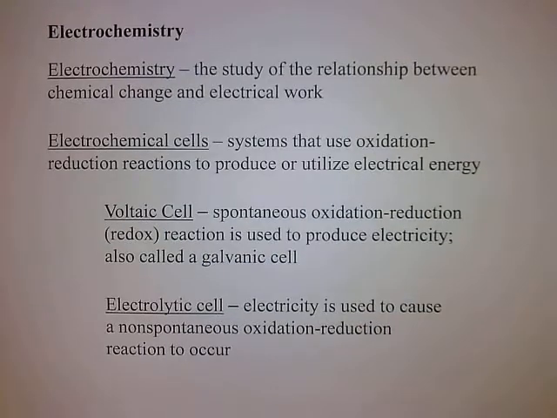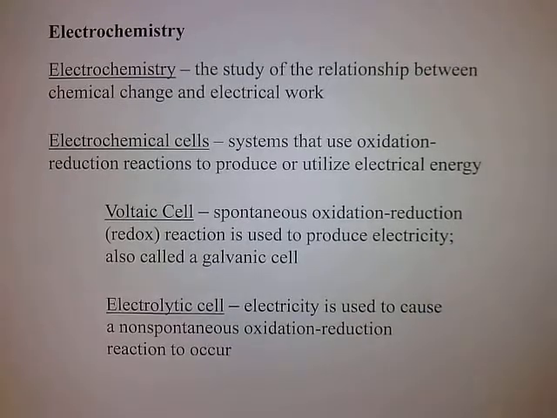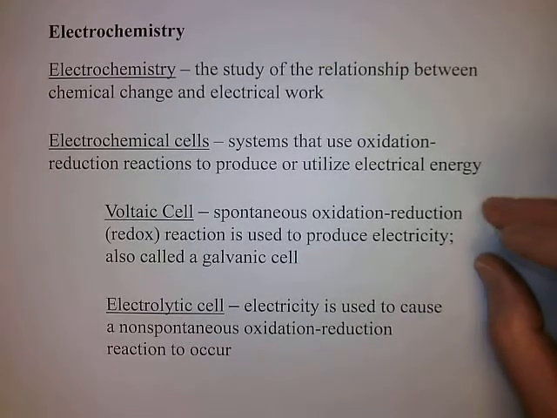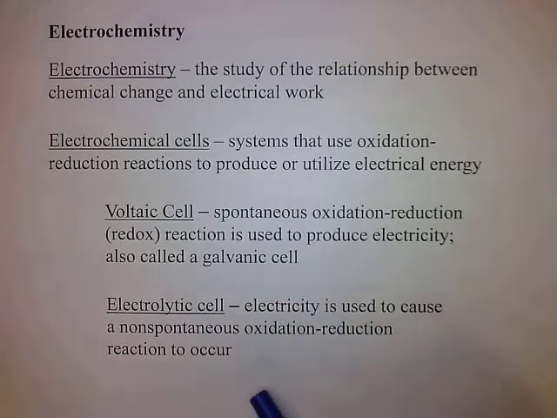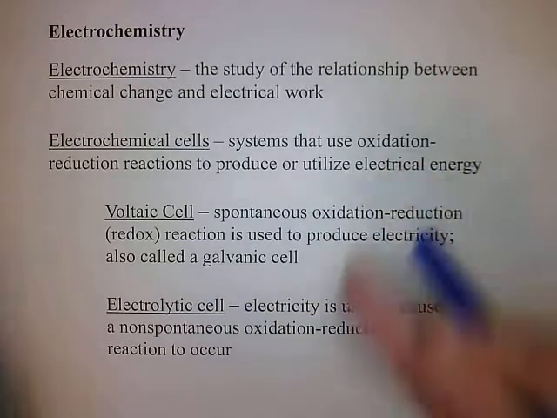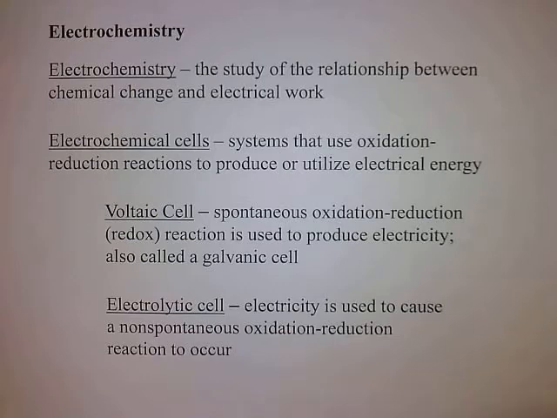So a voltaic cell is basically a battery. Okay, that's how a battery works. A battery is a harnessed oxidation reduction reaction. And an electrolytic cell is where we use electricity to drive a non-spontaneous reaction. So that's the opposite process.